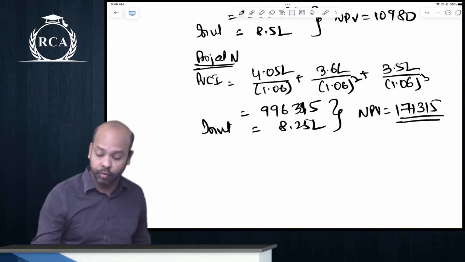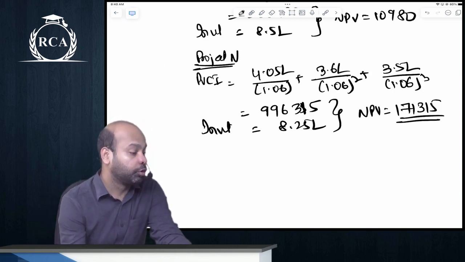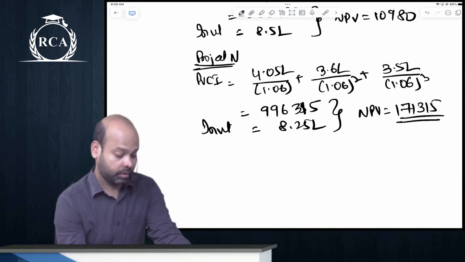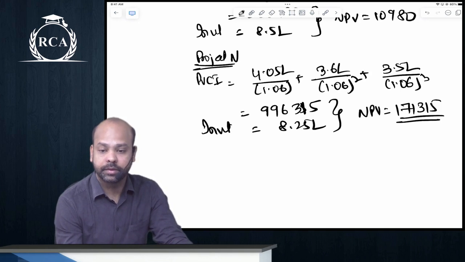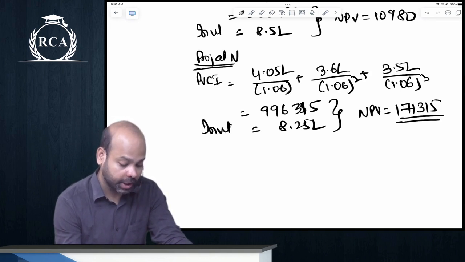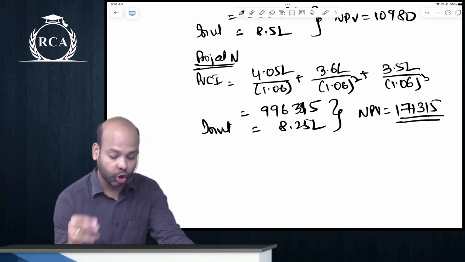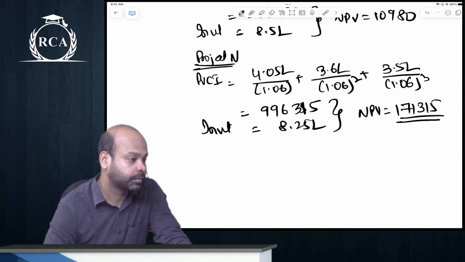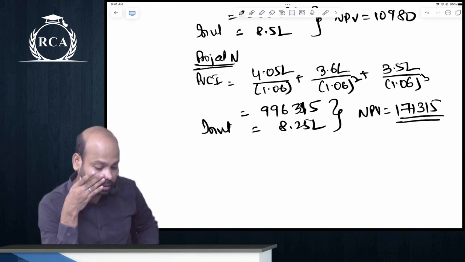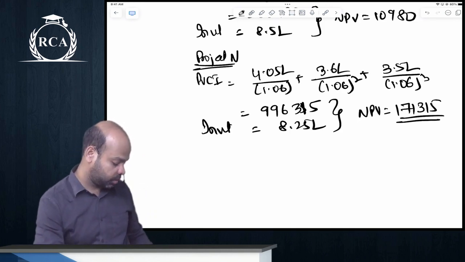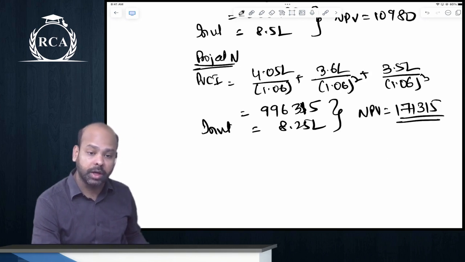Project M has lower certainty equivalent factors, which implies a lower proportion of the total cash flows is certain, and hence there is a higher risk element.